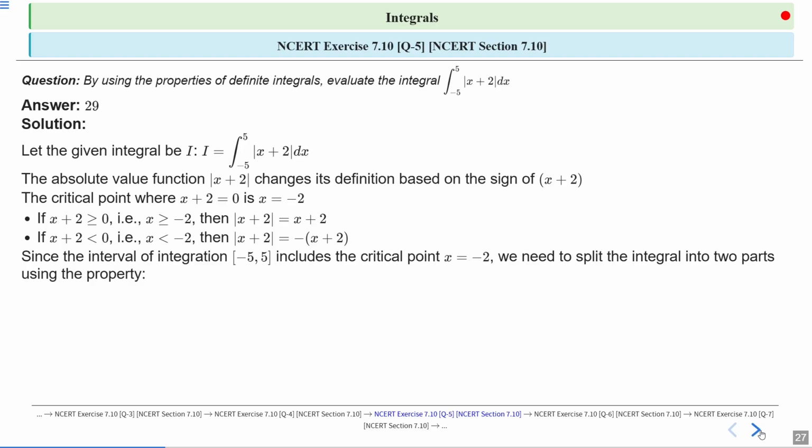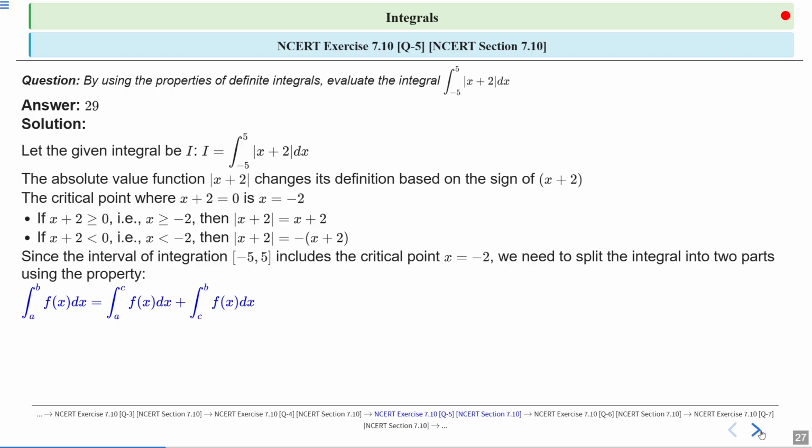And we have a special property, by using which we can split the integrals into subintervals. If we have to integrate a function from a to b, f(x) dx, that is, we need to integrate on the interval a to b, we can split the interval into a to c and c to b.